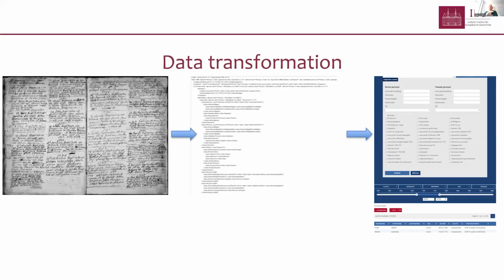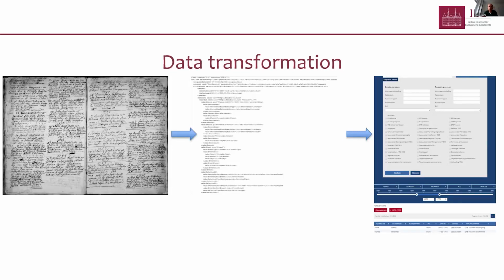And this XML data, this structured data, which can be searched, as Sophie already explained, is available via online databases created by these archives themselves. But there also exist larger databases which aggregate all the data created by the archives so that you have one point of access.